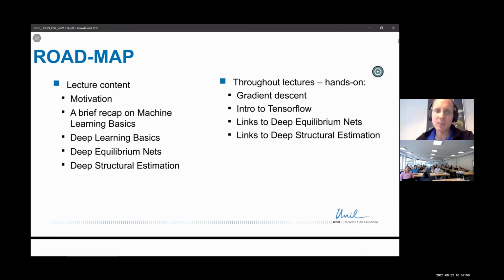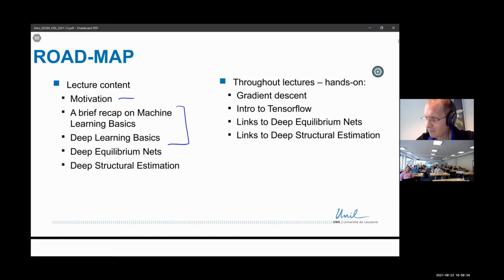So what will be the roadmap? The program will be pretty packed. First, I will give you a quick motivation on why we're doing what we're doing. Then I'll give a quick overview of machine learning in general, mainly to put it in context with what you may already know from the standard econometrics classes in grad school.